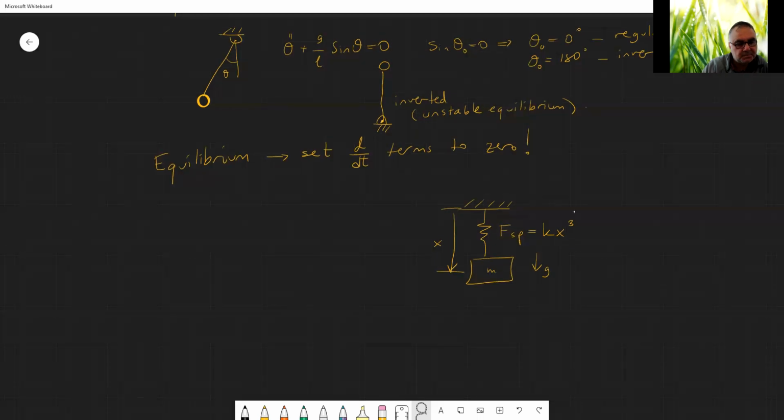So here, summation of forces: mg is downward minus kx cubed is upwards is equal to ma, which is m x double dot. So it is m x double dot plus kx cubed is equal to mg, our equation, okay? This is a nonlinear equation.